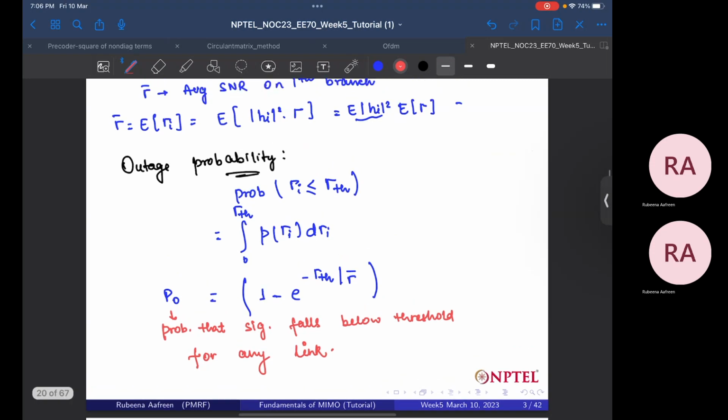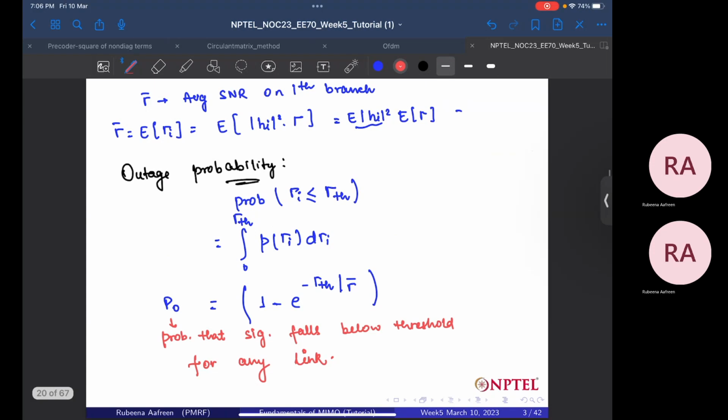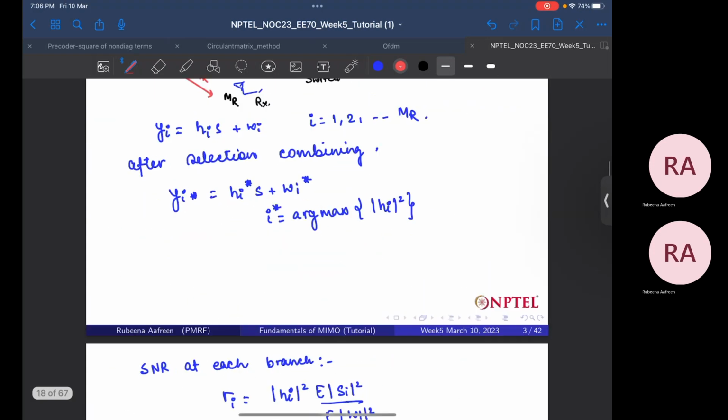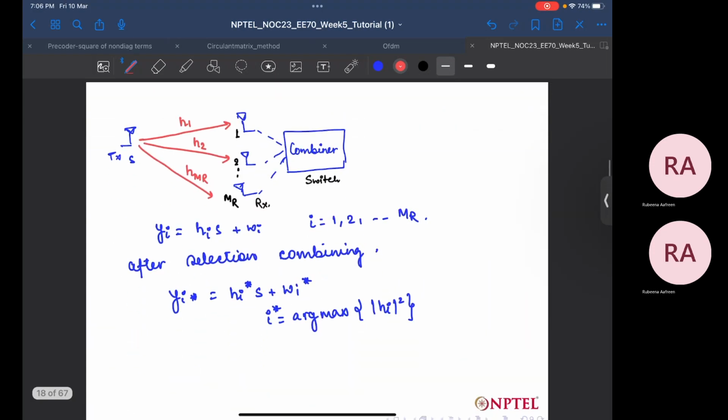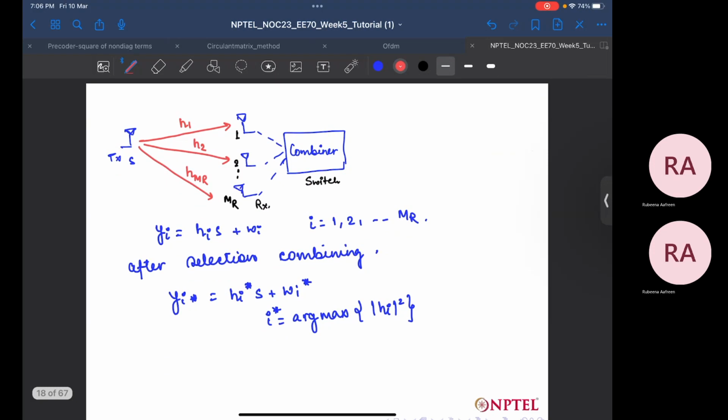Okay. So now again you consider the selection combining scenario. I'll just explain with the diagram. We have one transmitter but multiple receivers, right? So even if any of the channels is in fade, if the other one is working, then it will not be outage.